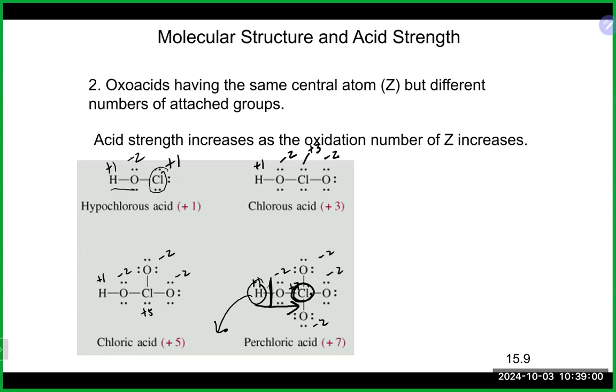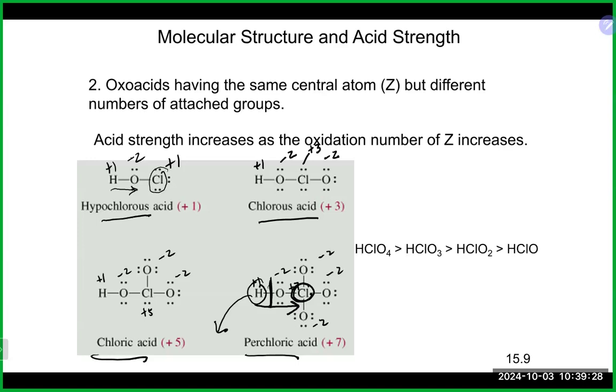The attraction of opposites is based on the size of the charge, right? The larger the charge, positive or negative, the closer it will pull things to each other. In terms of acid strength, that means our strongest acid would be perchloric acid, followed by chloric acid, followed by chlorous acid, and hypochlorous acid would be the weakest of this group.